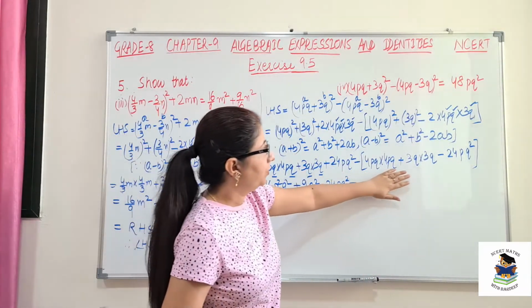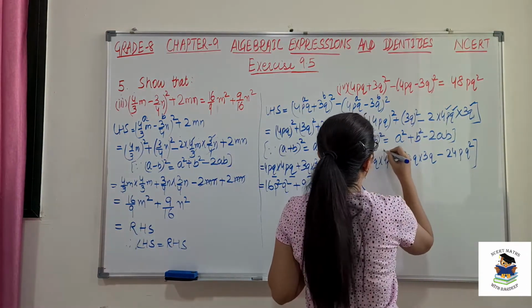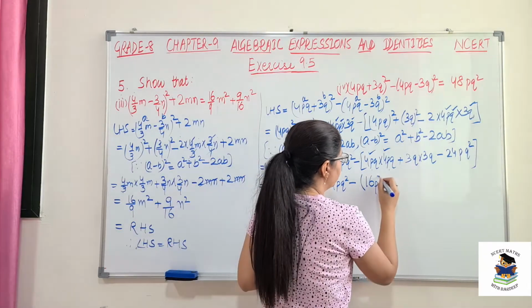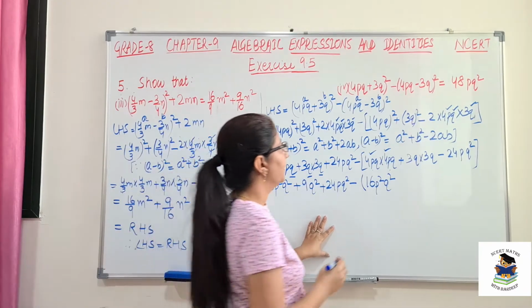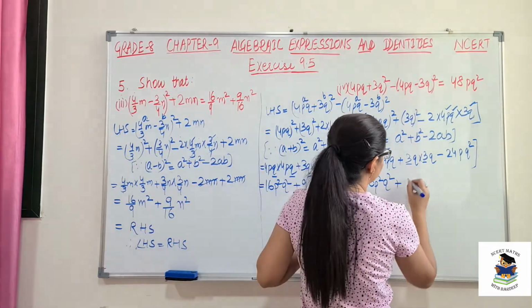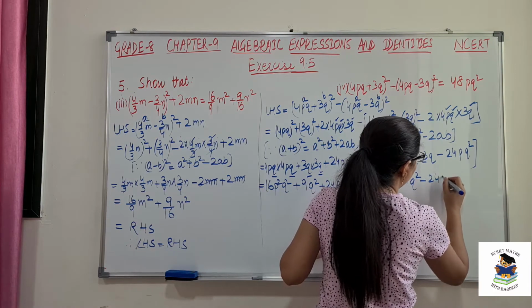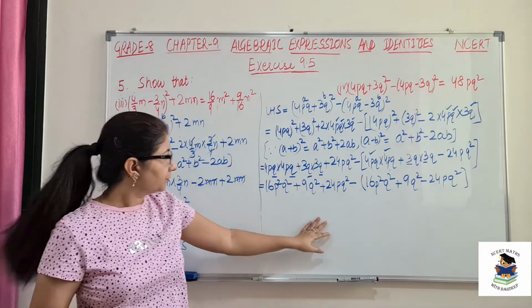Minus, so again we should first calculate these terms. Put bracket again. So 4 into 4 as 16. p into p as p square. q into q as q square. Again 3 into 3 as 9. q into q as q square and minus 24 p q square.